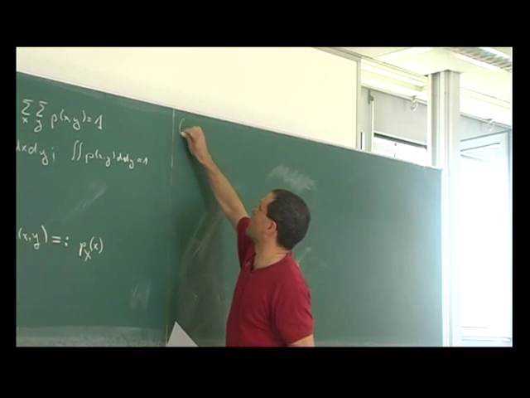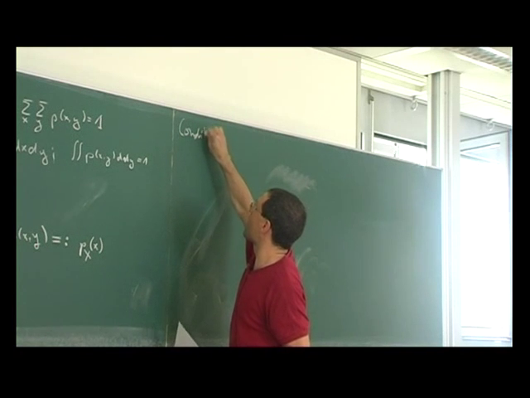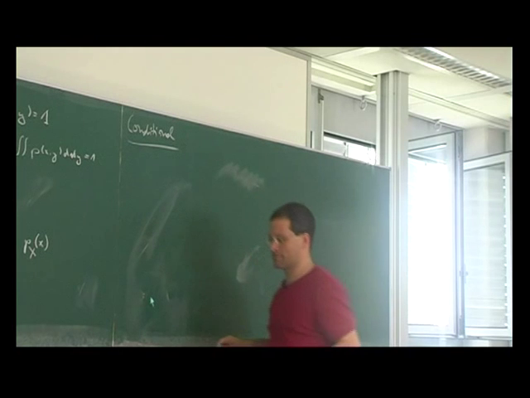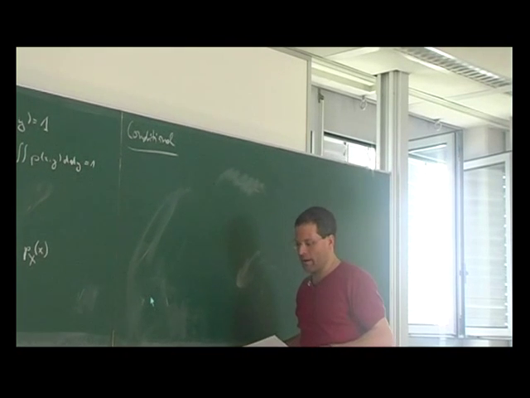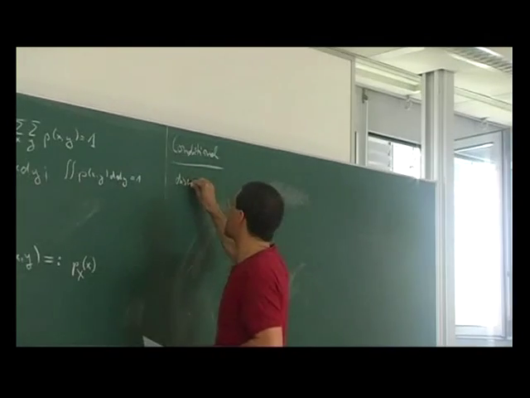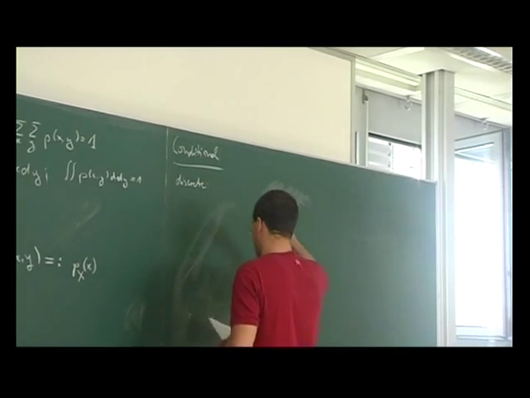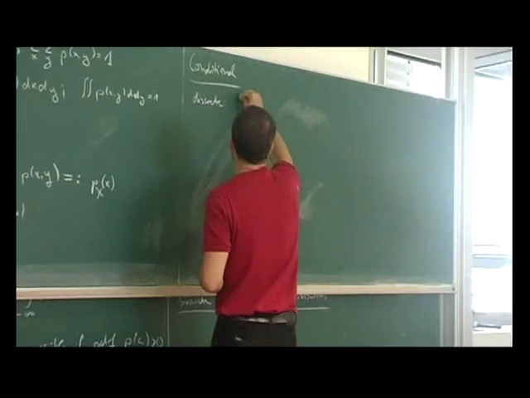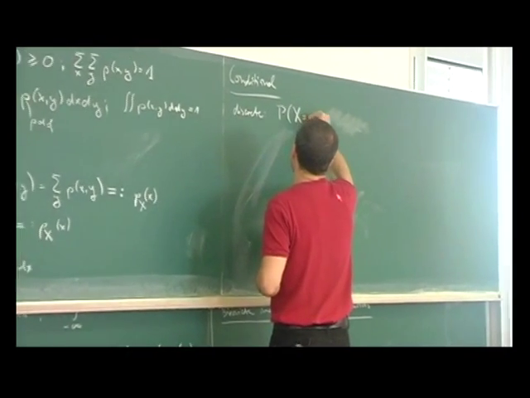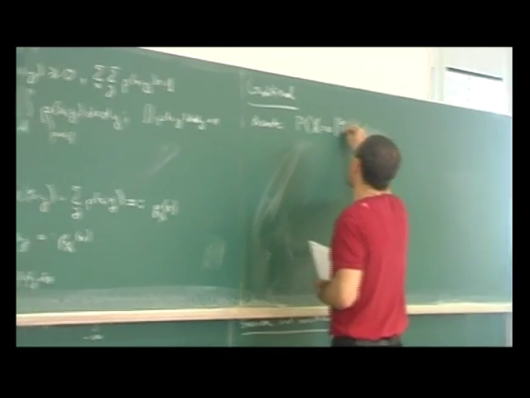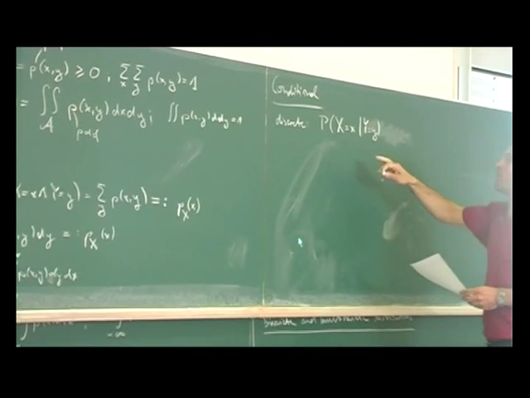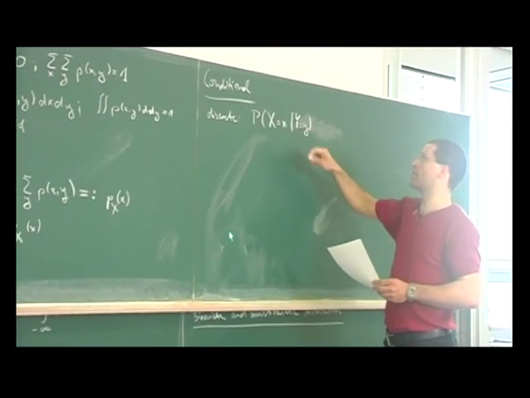And then we have the conditional, again in the discrete and continuous case. The conditional is written as follows, or in words, the probability of x given y.